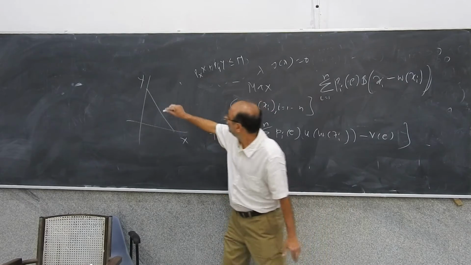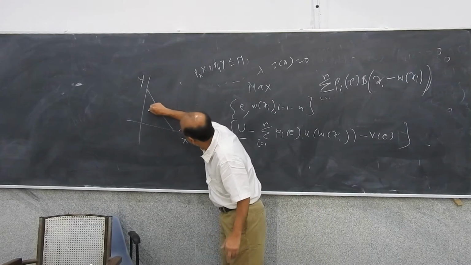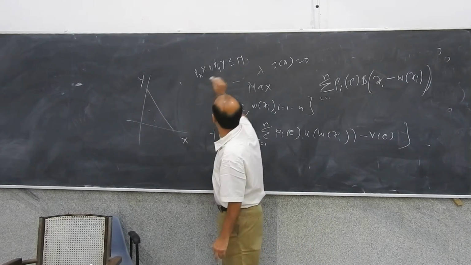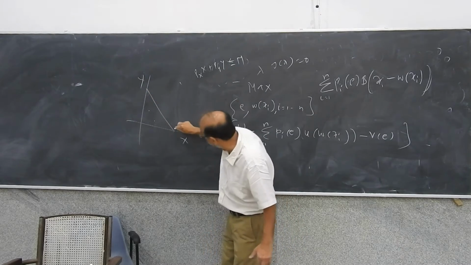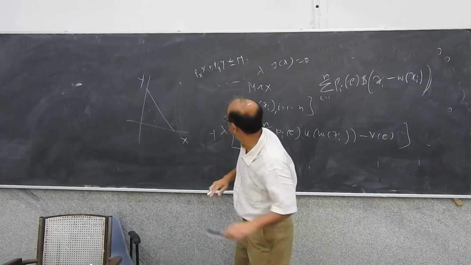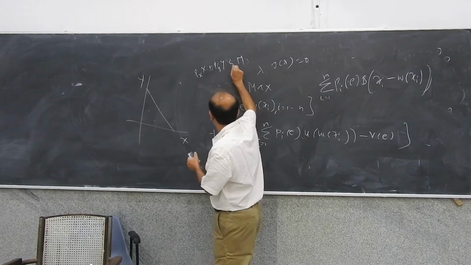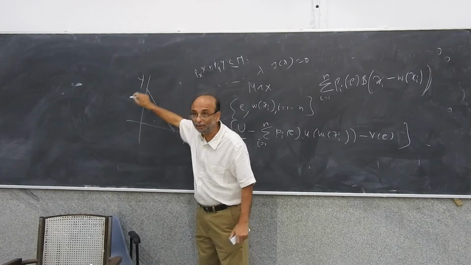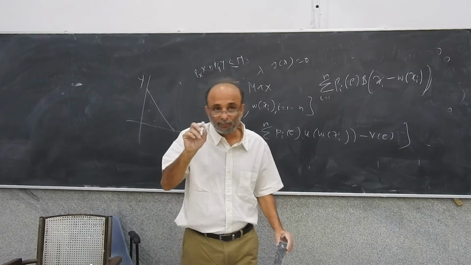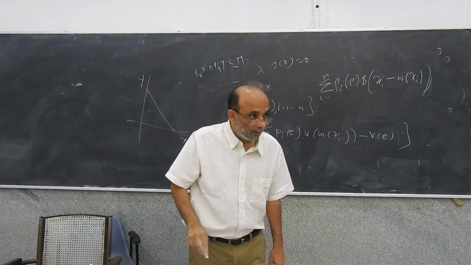What are we saying? When I say equal, I am saying that my optimal solution must lie on this line. When I say less than or equal, I am saying that my optimal solution can lie anywhere in this feasible region, so any set of consumption bundles affordable to you.